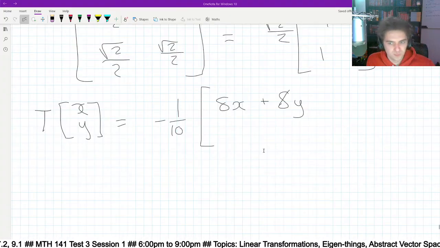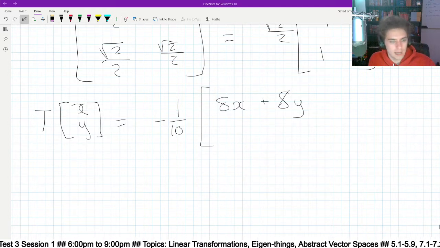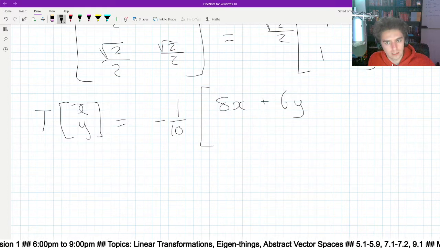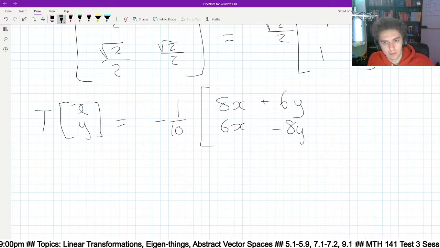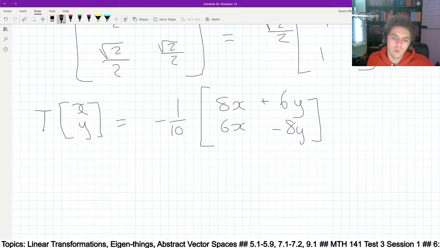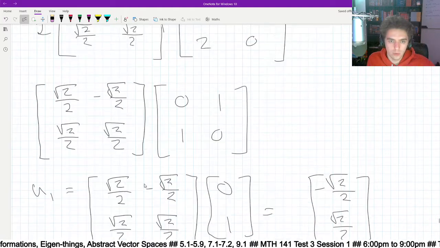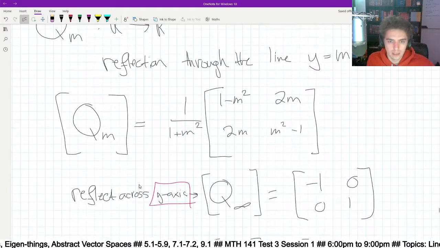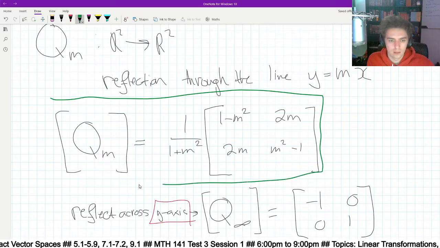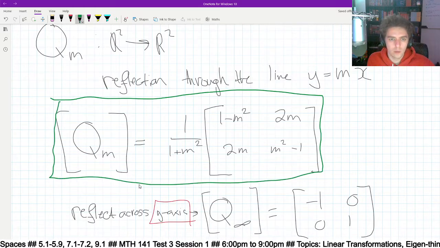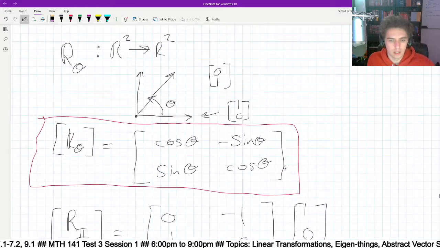There. So, 8x plus 6y, 6x minus 8y. Okay. So what we want is for this to be either in the form of our q, which was this, right? Or in the form of our r, this thing here, r theta.